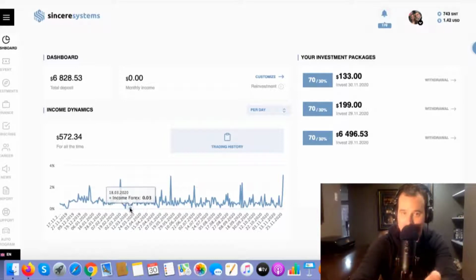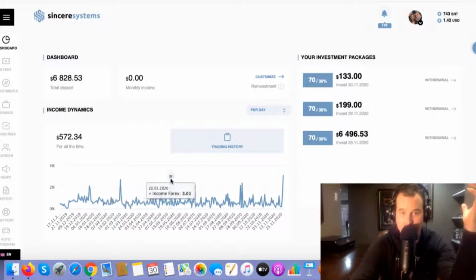Okay, look at this. Zero. I've never seen a day like this, but 0.03%. So even if I have $100,000, what's 0.03% of $100,000? It's still hardly anything, right? So there are some days where you hardly earn anything, but then there's some days that you're earning 3%.